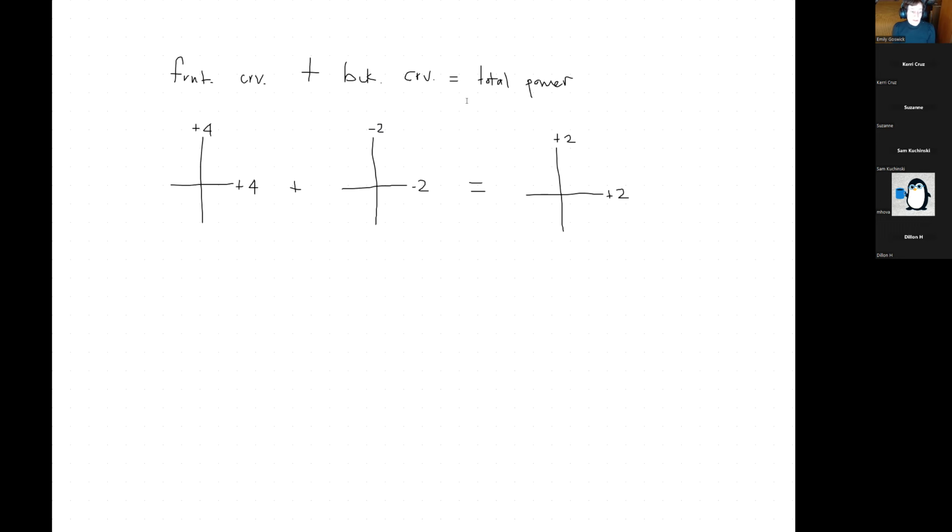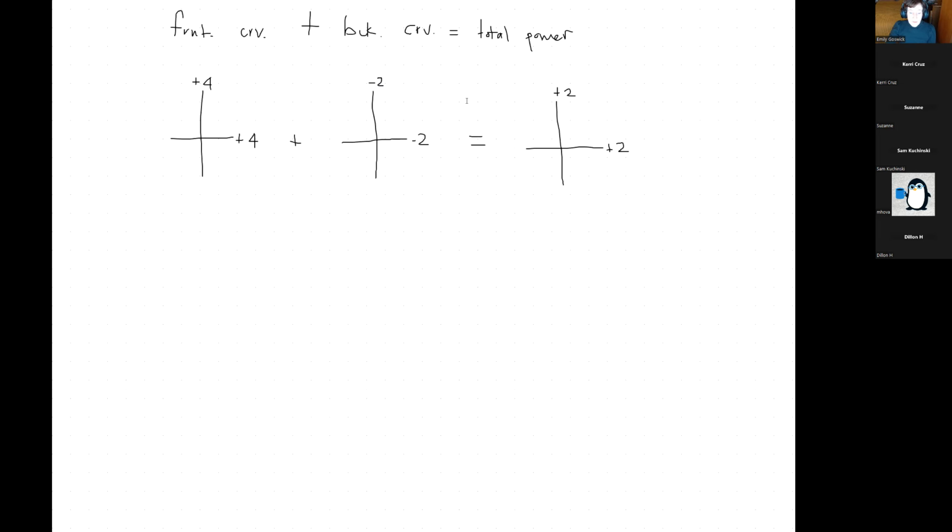I did want to show you what the optical cross would be like for a toric lens, right? So for a lens with astigmatism. So let's use this example here. We are going to say that the front of this lens, we're going to keep our +4.